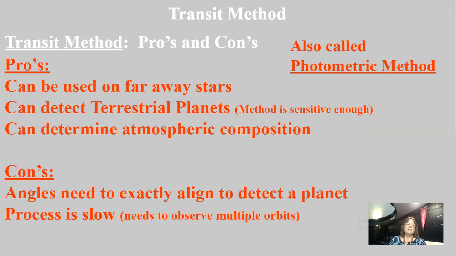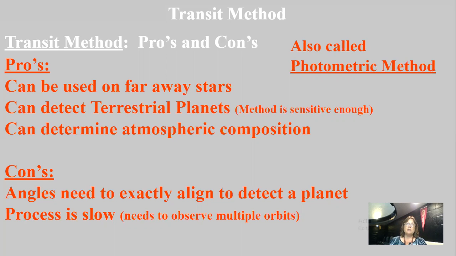Another benefit of the transit method is that the atmospheres of the planets can be determined to some degree. The other day we learned about spectroscopy, and you learned about dark line spectra and bright line spectra. A dark line spectra is the spectra that's emitted by the star, and the bright line spectra is an emission that's also emitted by the star, but what's being picked up are elements that are being absorbed by the light of the star.